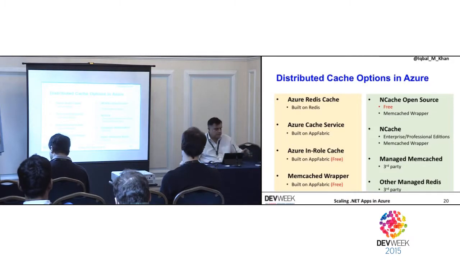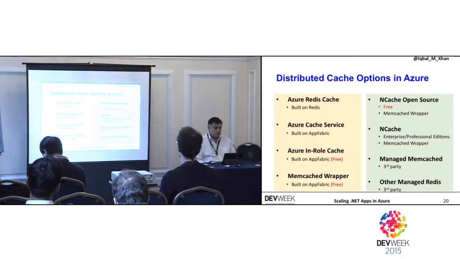So Microsoft gives you these four options on the left. One is the Azure Redis Cache. Redis is an open source cache that Microsoft is using. It's a NoSQL key value store.